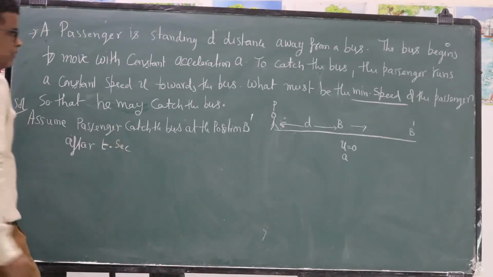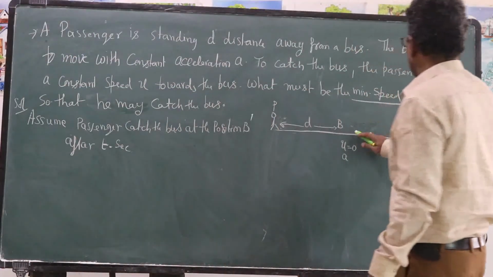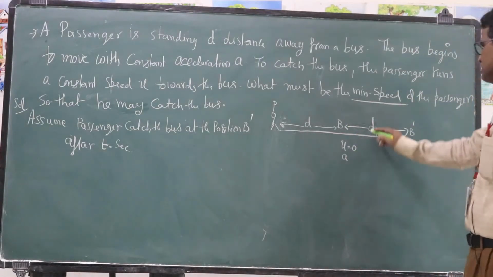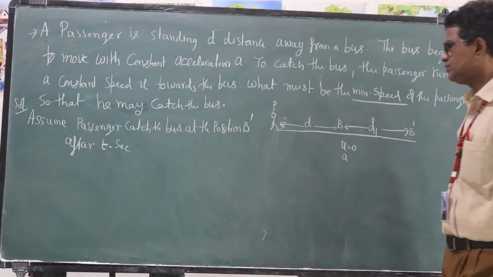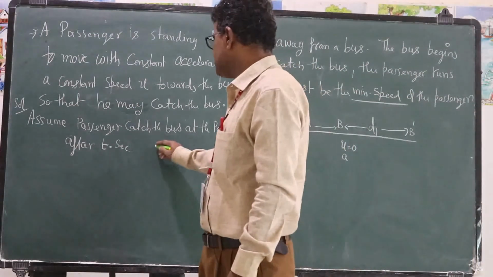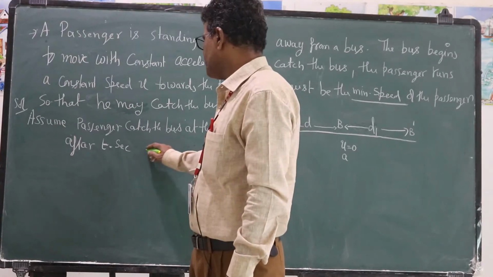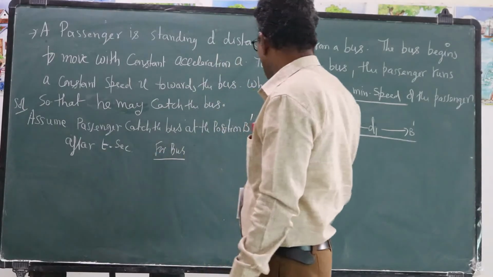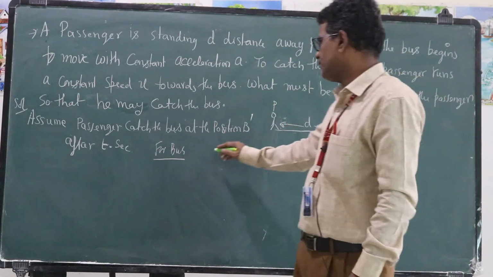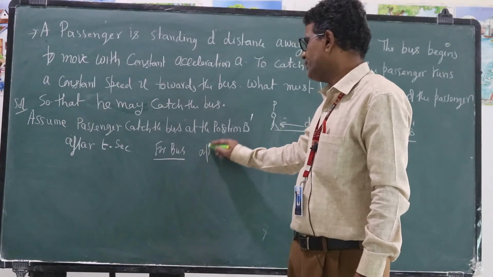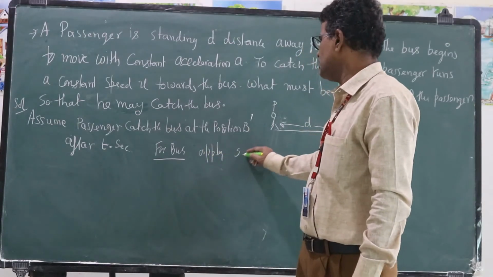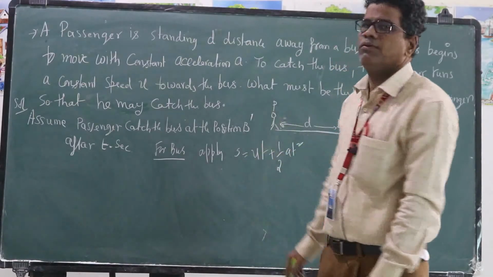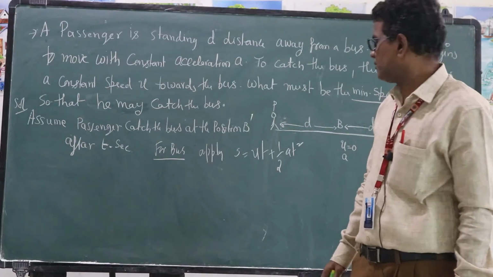Okay, so this distance, let it be d1. During that time, the bus travels a distance d1. For the bus, apply s equals ut plus half at square, that is the second equation of motion.